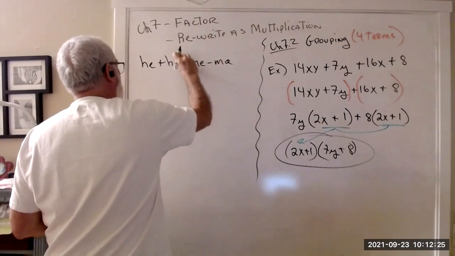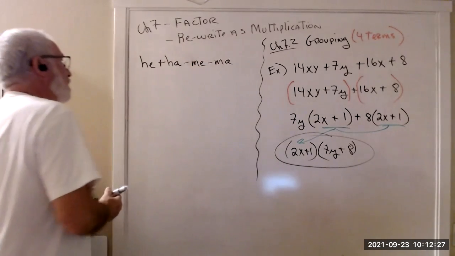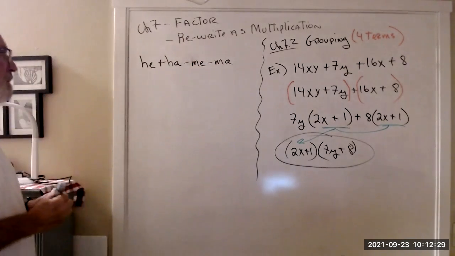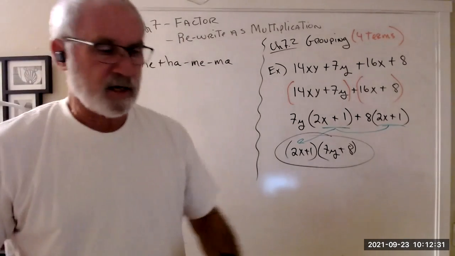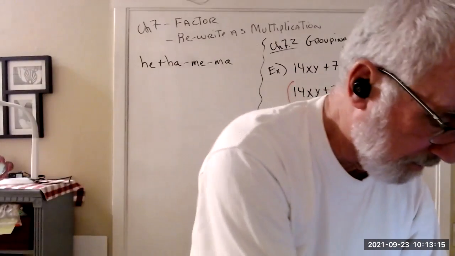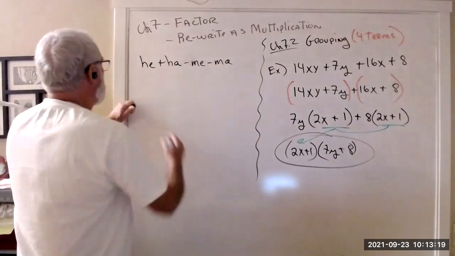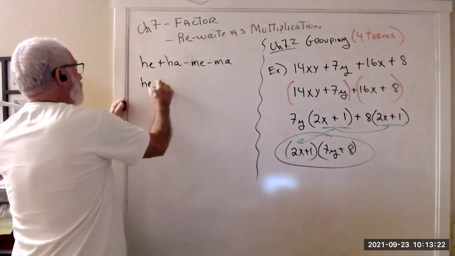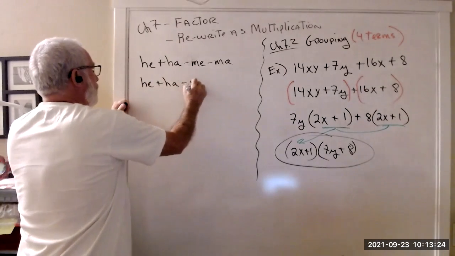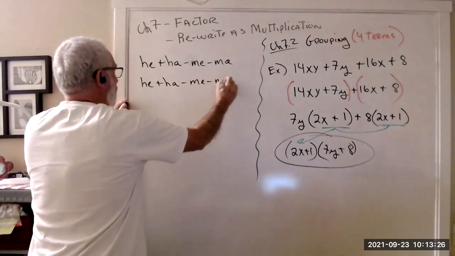He, ha, me, ma. He plus ha minus me minus ma. Take a second, work on that one. Okay, so here we go again. He plus ha minus me minus ma.